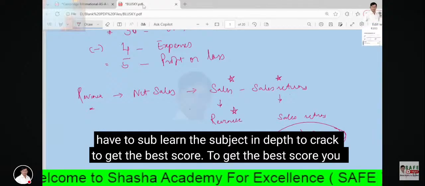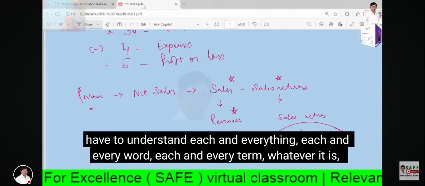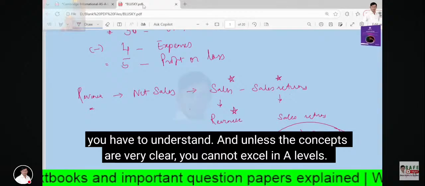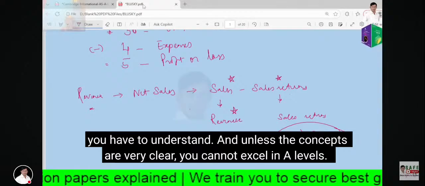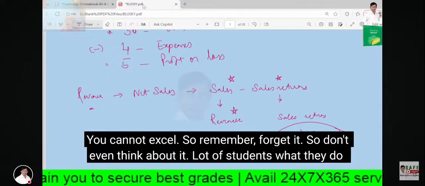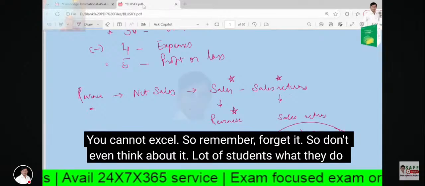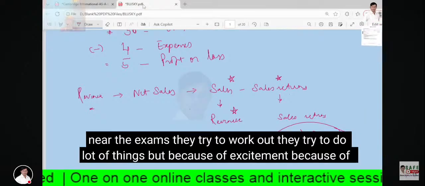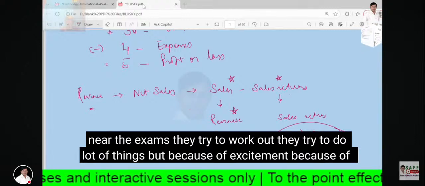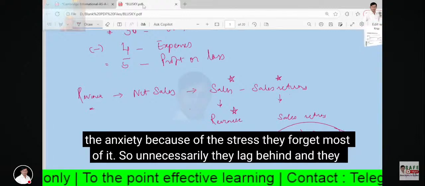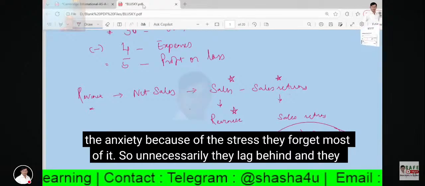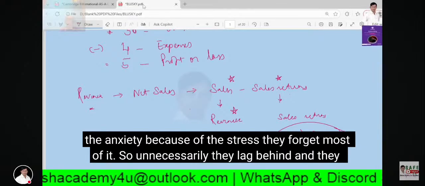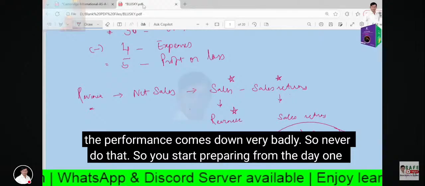To get the best score, you have to understand each and every word, each and every term. Unless the concepts are very clear, you cannot excel in A levels. A lot of students try to work out a lot of things near the exams, but because of excitement, anxiety and stress, they forget most of it, and performance comes down very badly.